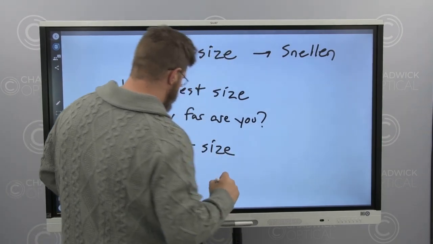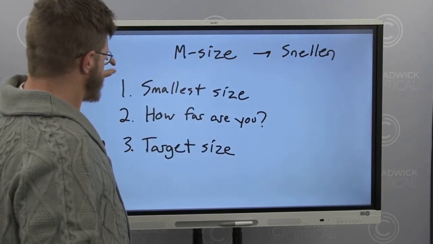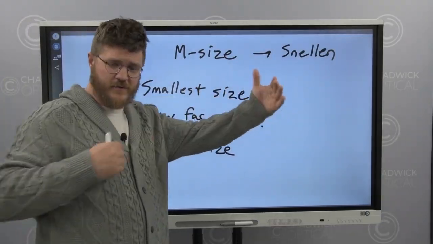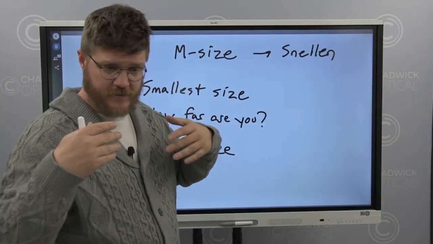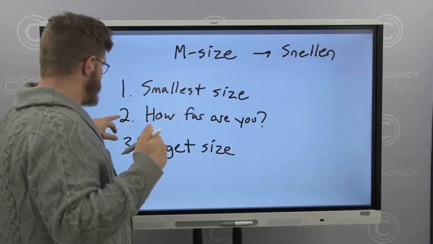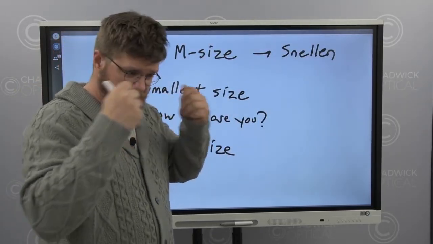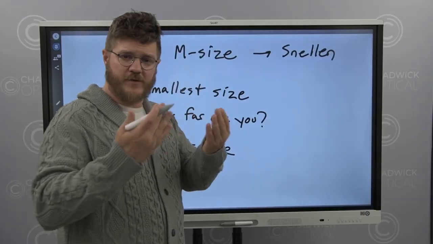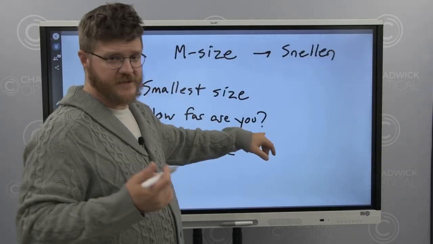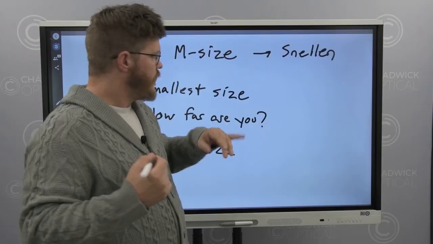Just to elaborate a little bit on each of those. The card has a bunch of different sizes. You would look at that and see the smallest size you're able to read. When you find that, the next question is how far away you are from that chart when you're able to read that size.